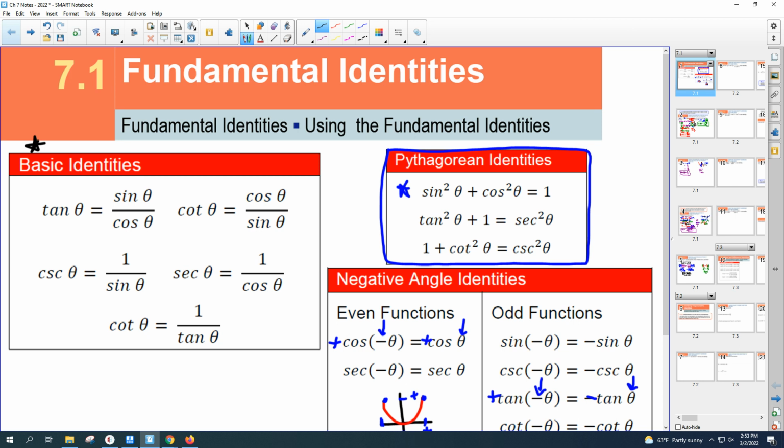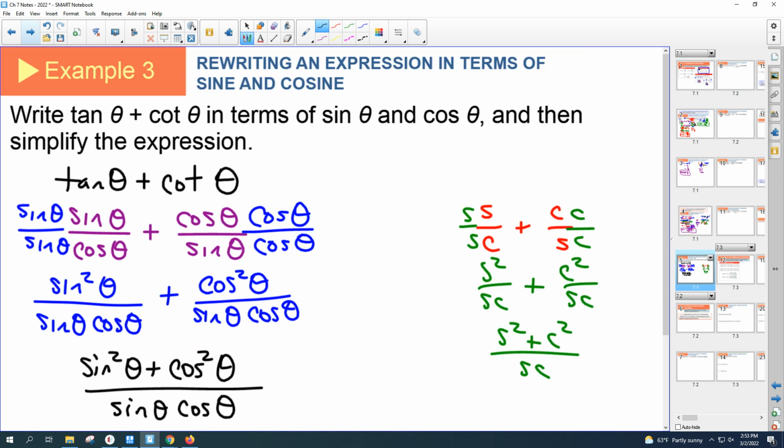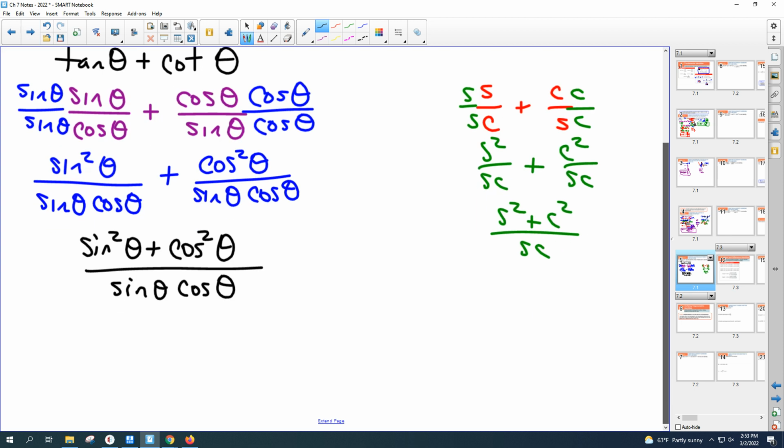I might have told you to put a star by it. Sine squared theta plus cosine squared theta equals 1. So what we can do is we can say that whole numerator equals 1. And we're going to say 1 over sine theta cosine theta.